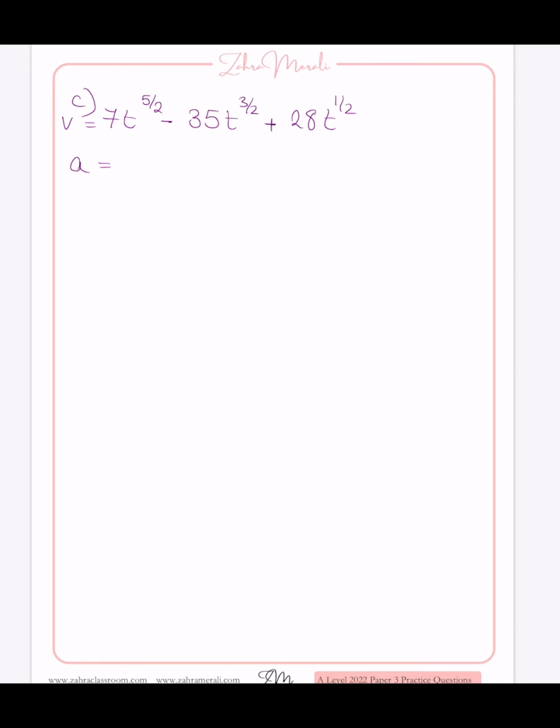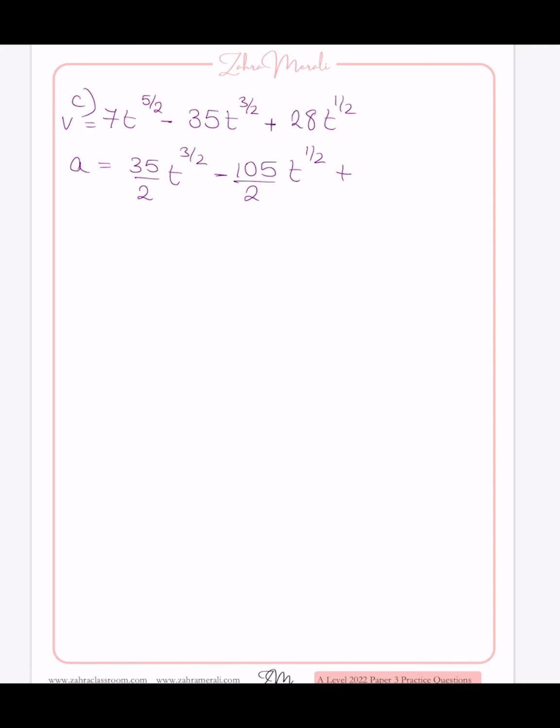So when we differentiate, we've got 7 times 5 over 2, which gives me 35 over 2, and that's t to the power of 3 over 2. Then we've got 35 times 3 over 2, so 105 over 2, and that's t to the power of a half.